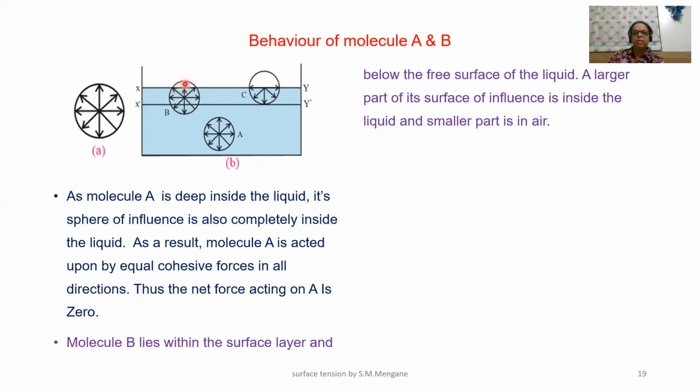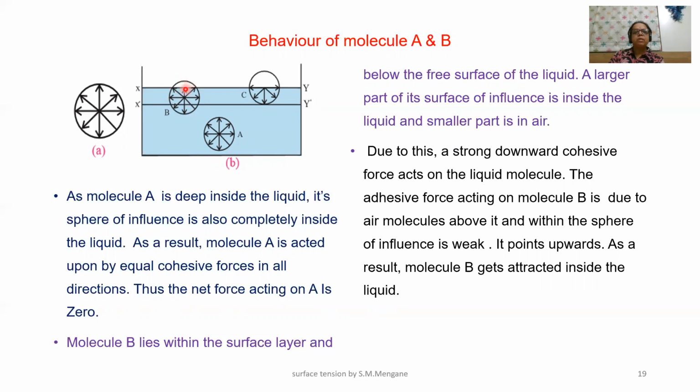The air molecules exert adhesive force, and the liquid molecules exert cohesive force. As the number of liquid molecules is large, the force exerted by the liquid molecules, that is cohesive force, is strong, and the force exerted by the air molecules, that is adhesive force, is very small and weak. As a result, molecule B gets attracted inside the liquid.